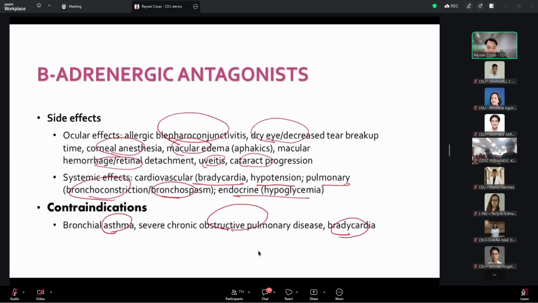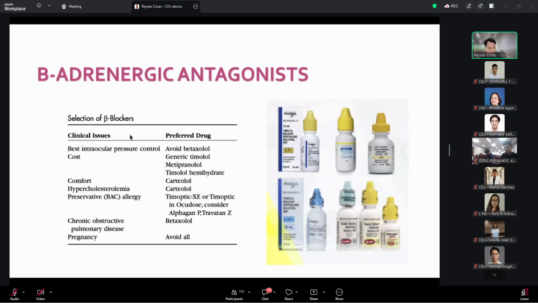So we have to avoid prescribing beta blockers to this group of patients. But again, we can choose to give the selective beta blocker, which, based on clinical studies, has reduced side effects. So these are the preferred agents based on the condition of the patient.